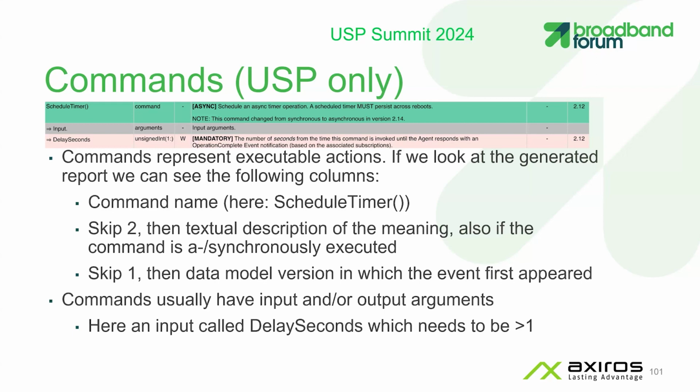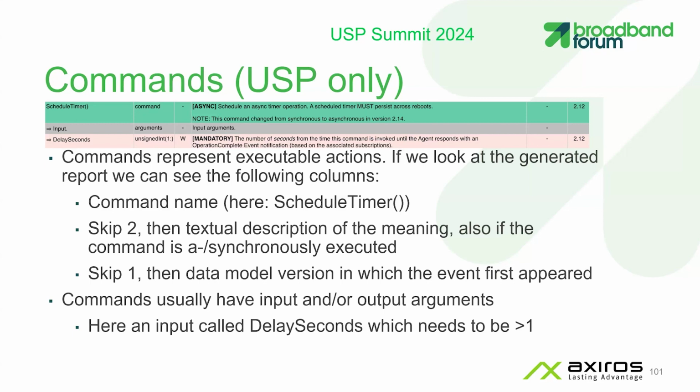So in this particular case, I have an example for schedule timer. So schedule timer basically just generates an event at a certain point in time. So again, you have your input arguments, and those input arguments would, in this particular case, be delay seconds. So delay seconds, of course, cannot be 0.